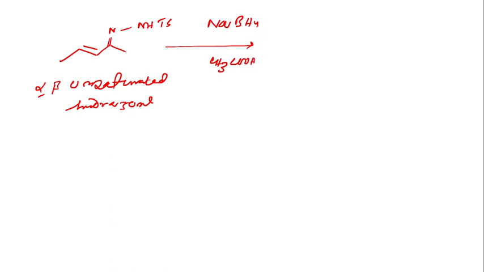We know that NaBH4 provides the hydride. So hydride will be provided to both, because you know that if you have a double bond, it is going to be reduced by NaBH4. So it will just supply hydride here. This is a hydride that comes from NaBH4, and this is another hydride that comes from NaBH4.